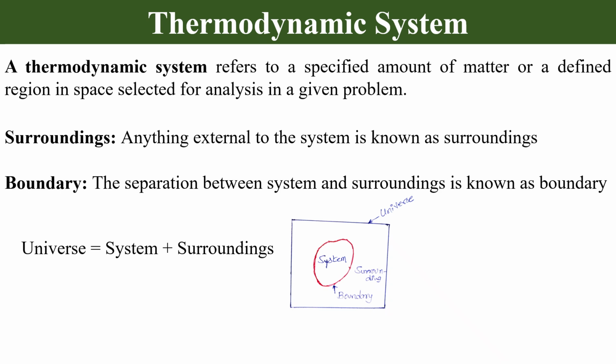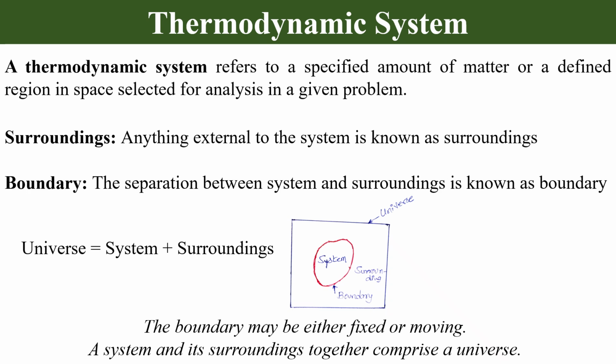The system plus surroundings is called the universe. So this is the schematic representation of the system, boundary, surroundings and the universe. Here the system is separated from the surroundings by the boundary, and the universe is the system plus surroundings.